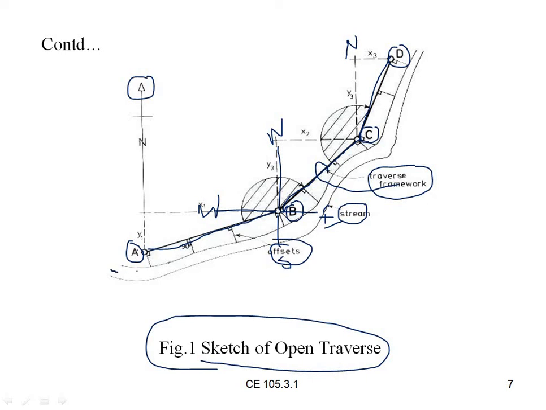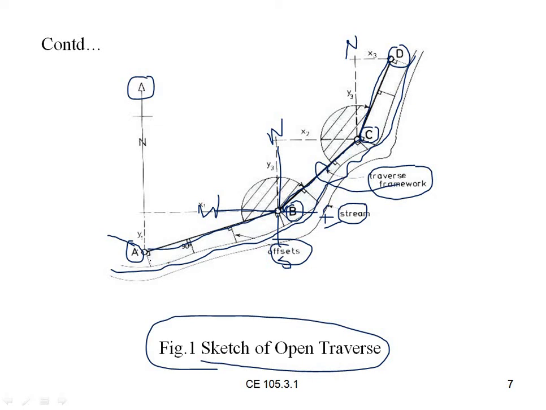Suppose there is a stream, and this stream is going on here, and we want to measure the length or area of this place. So we want to calculate with the help of the open traverse method. We will start from point A beside the stream and keep a perpendicular offset here, because right beside the stream we cannot take the measurement or measure the length.